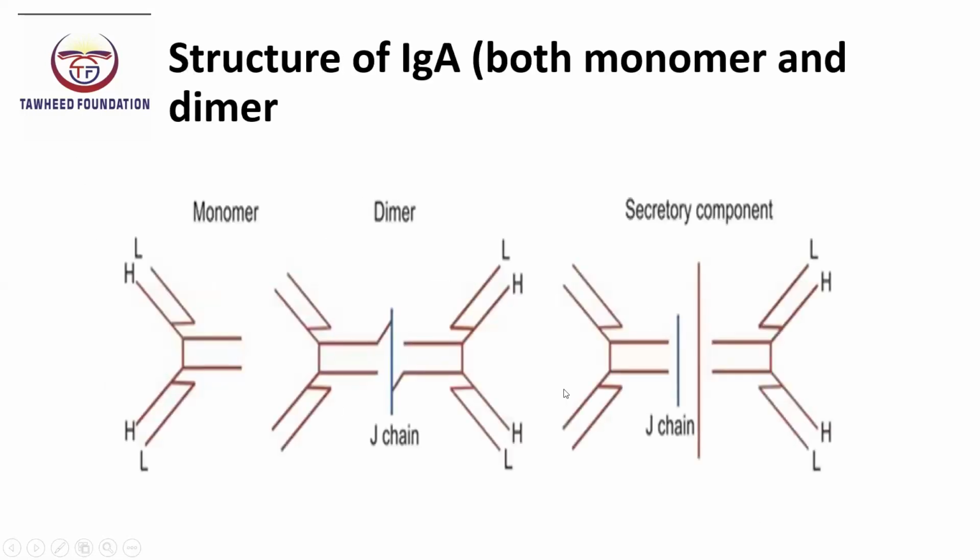This is the structure of IgA. It exists as a monomer in serum and as a dimer, secretory IgA, in mucosa. The dimer is joined by a J chain, as you can see, plus a secretory component. It protects against enzymatic degradation and is a major defense in the respiratory and gastrointestinal tract.